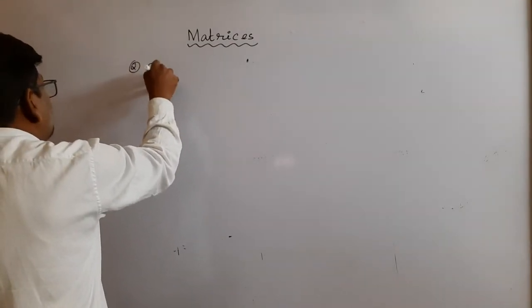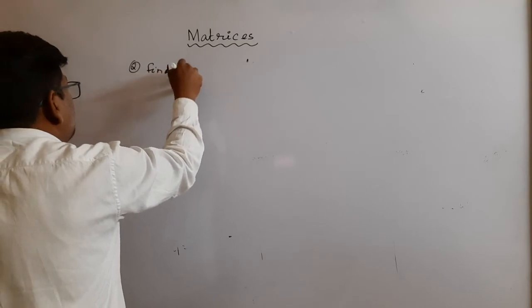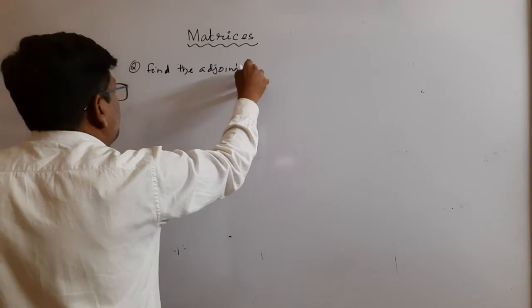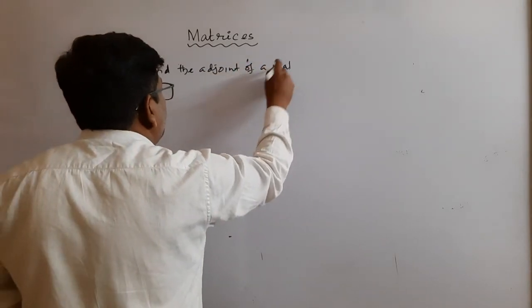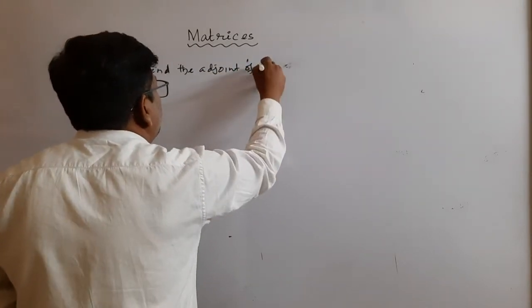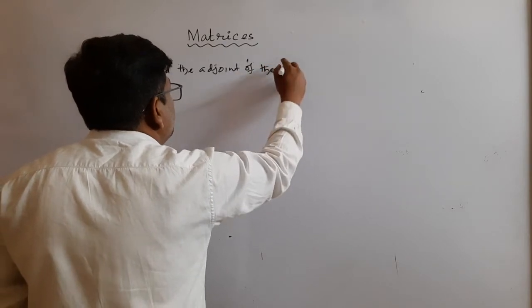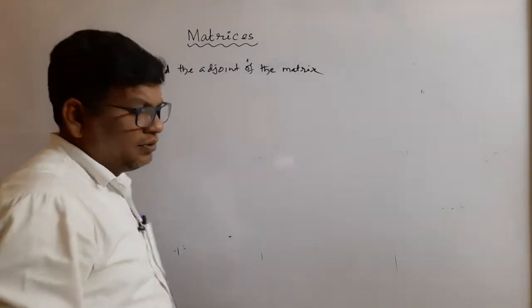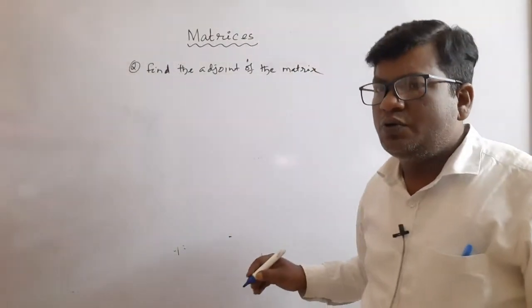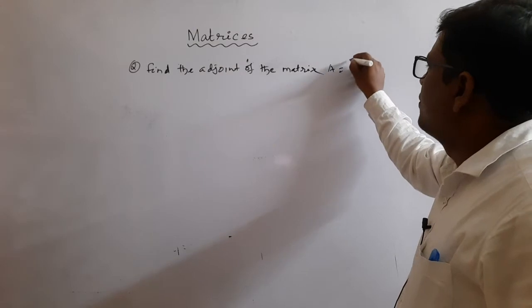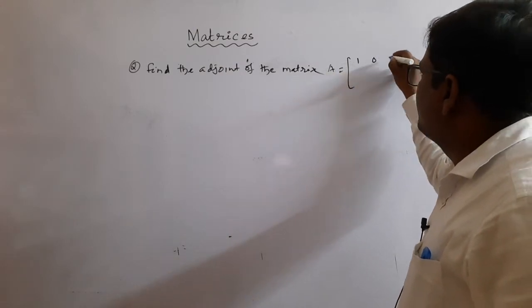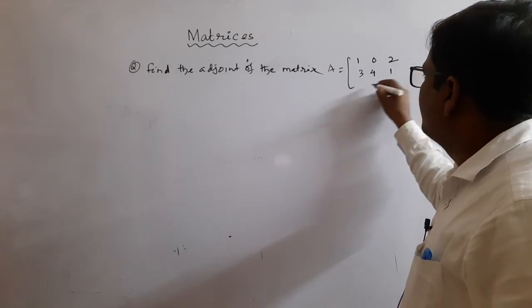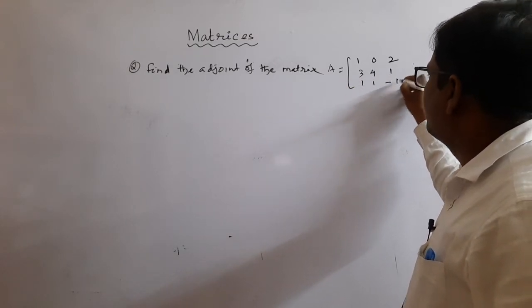Find the adjoint of the matrix A is equal to 1, 0, 2, 3, 4, 1, 1, 1, minus 1.